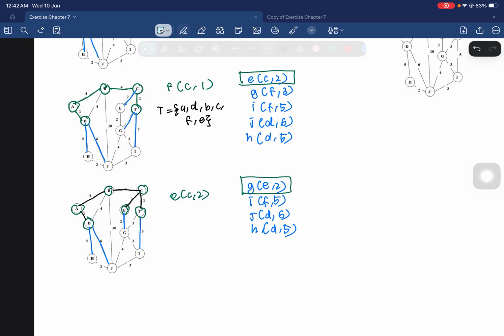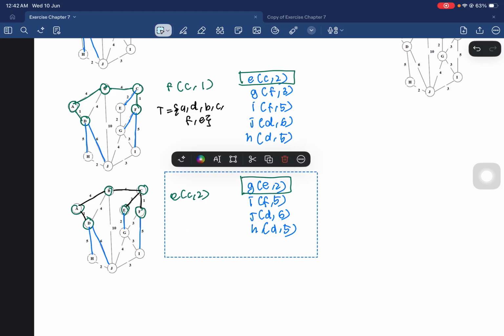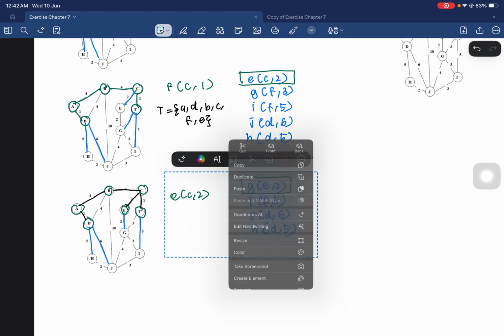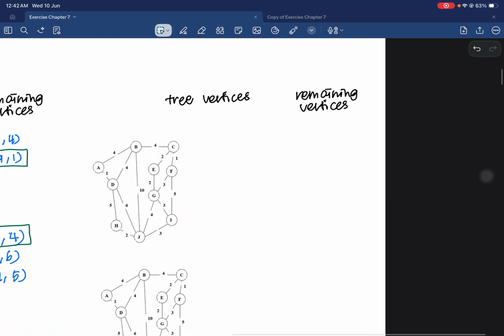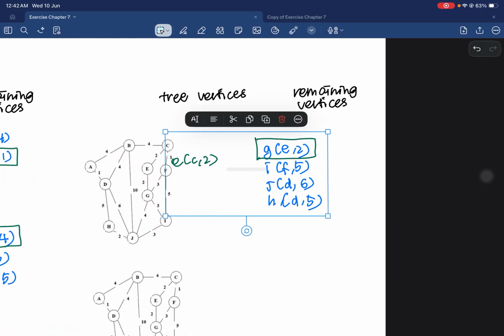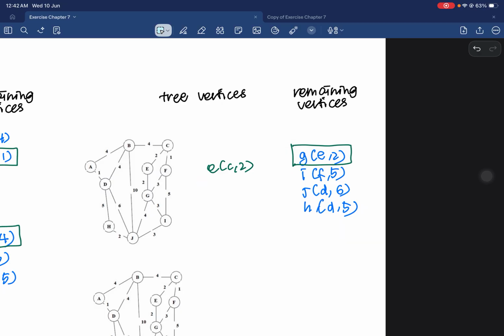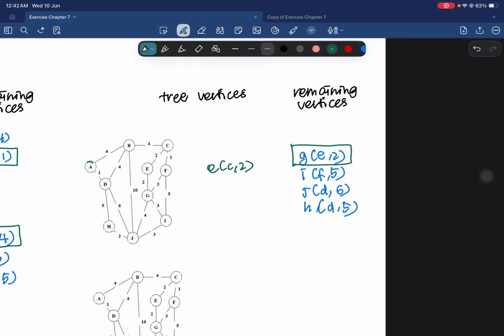I will copy to there. Okay, let's move to the next part. We have A, D, C, E, F. So we have disconnected.